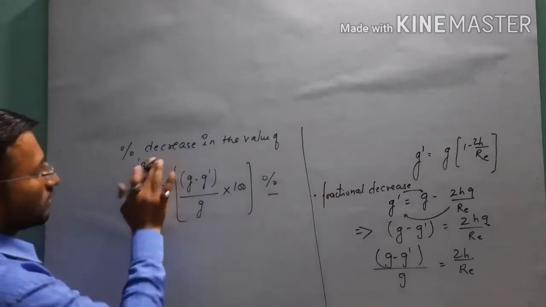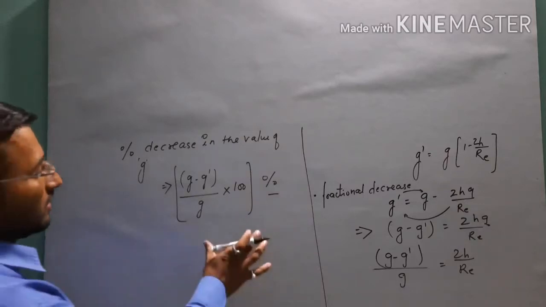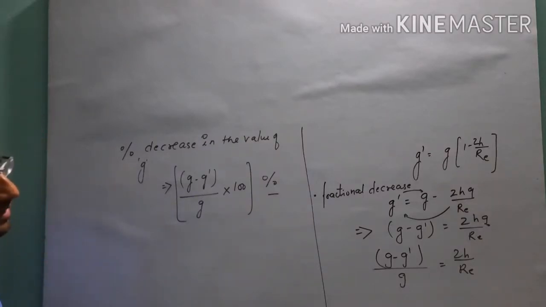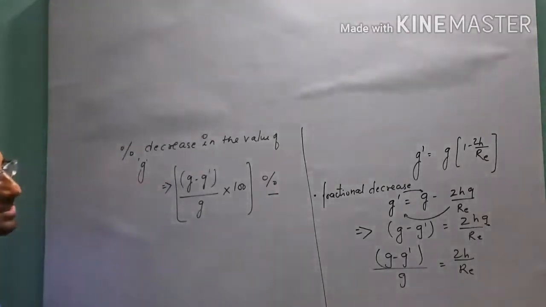This is the value of percentage decrease in the value of small g at height h above the surface of Earth. Point clear? So this will be the value, and after that we will talk about the numerical based on this. For that, note it first.